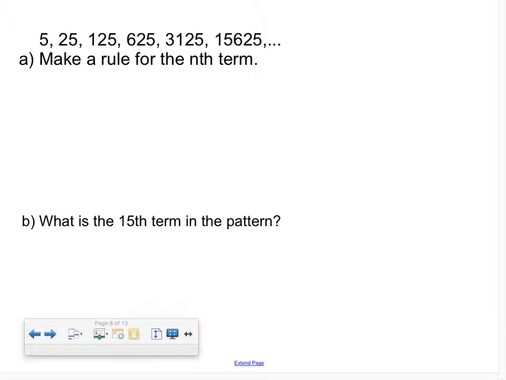Look carefully, we're multiplying by 5 each time. So if we're multiplying by 5, again, the 5 becomes our base, and we have it to the nth power. But now we have to figure out what's the 0th term.